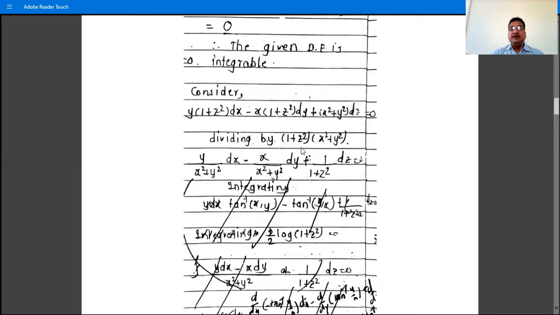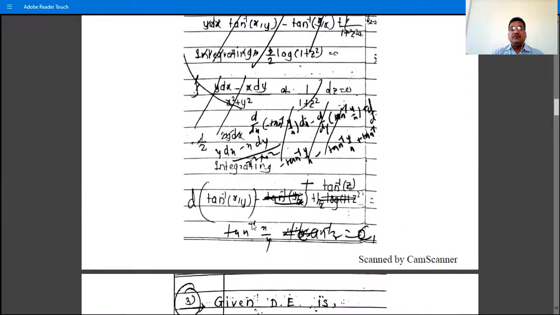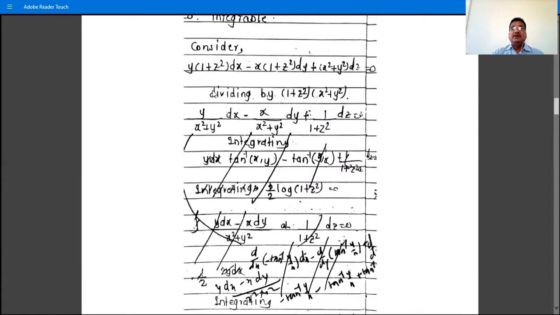After dividing by this, we have y/(x² + y²) dx minus x/(x² + y²) dy plus 1/(1 + z²) dz equal to 0.